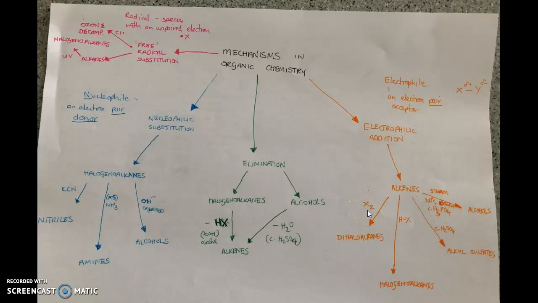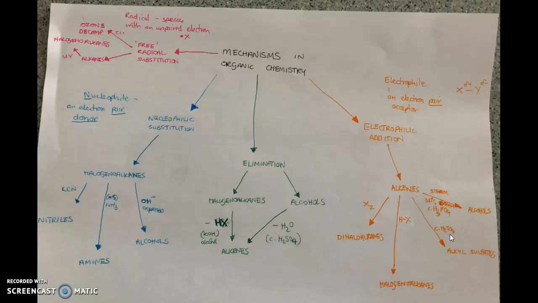So given a shake of bromine water with an alkene, you see a colour change from orange to colourless. Or we've got the alkenes reacting with HX, such as hydrogen chloride, hydrogen bromide, to form halogenoalkanes. We have got the reaction of concentrated sulfuric acid with alkenes to form alkyl hydrogen sulfates, or alkyl sulfates here.